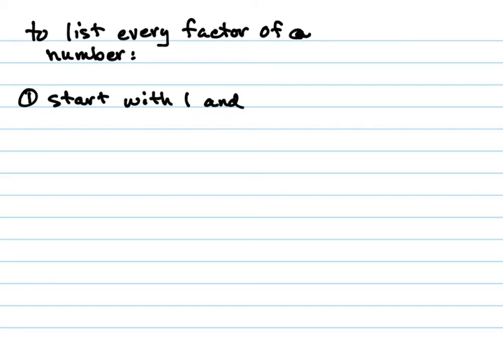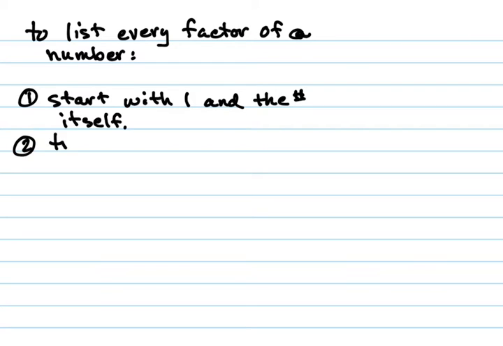And remember, they're always in pairs. 1 and the number itself. Remember, the hashtag is the abbreviation for number. So you always start with 1 and the number itself. So the first thing you get is the smallest factor and the largest factor of every number right from the very beginning. And there's no division there. Divide any number by 1, you get the same number you started with.